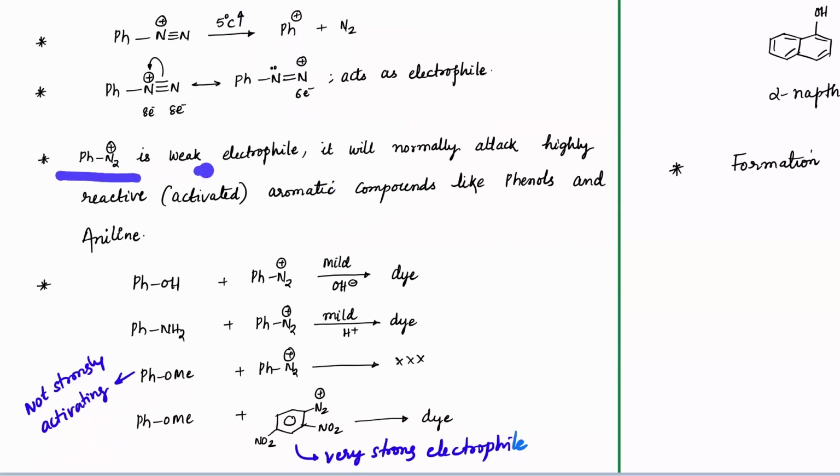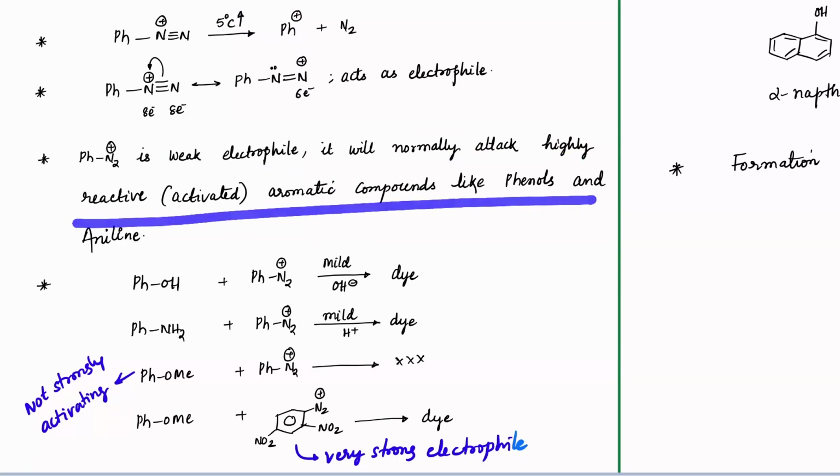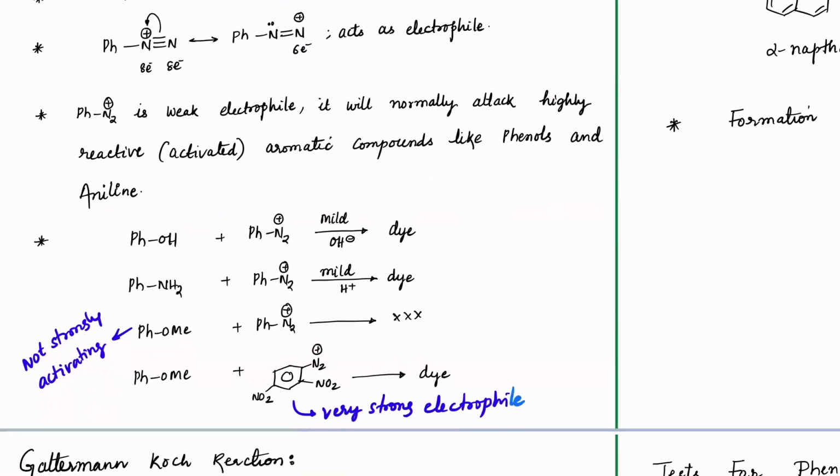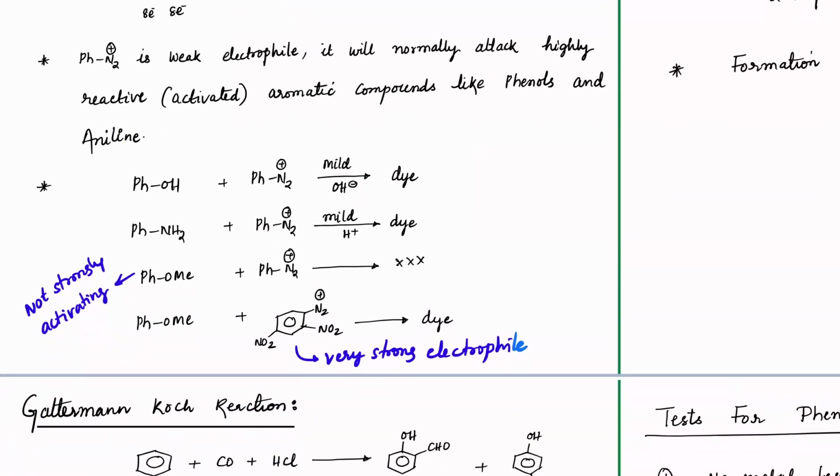Next, PhN2 plus is a weak electrophile and normally attacks heavily activated aromatic compounds like phenols and anilines. Okay, so this one will be NO2. OMe here is not activated. NH2 is highly activated, OH is sufficiently activated, so you'll get dye formation.